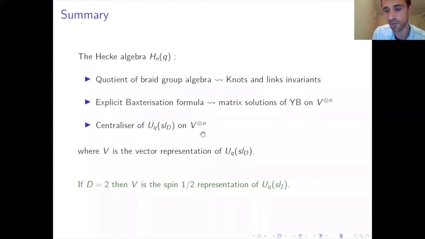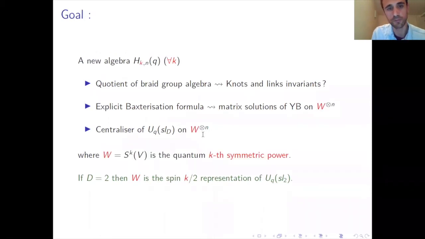So now the goal of our work with Nicolas is quite easy to explain. I'm going to replace the Hecke algebra by another algebra, asking it to have the same properties. The goal is now to define a new algebra depending on an integer k, such that hopefully they will have something to do with braids.